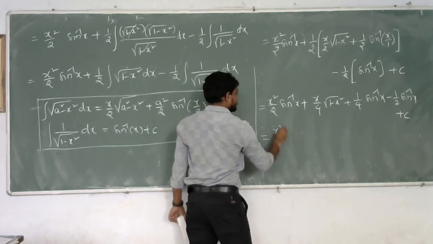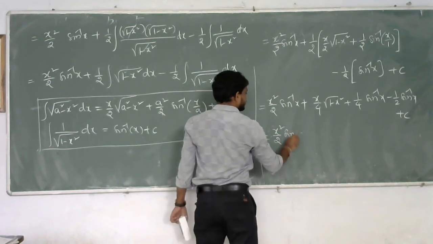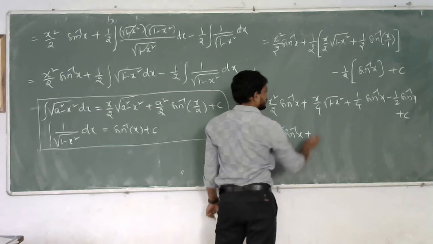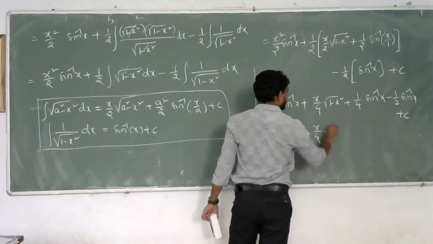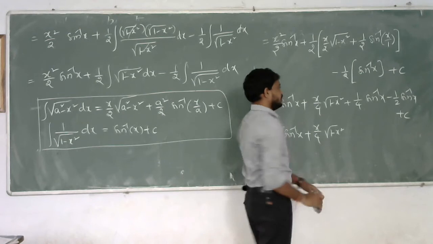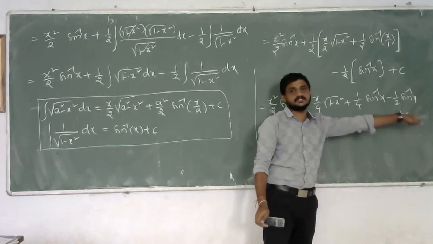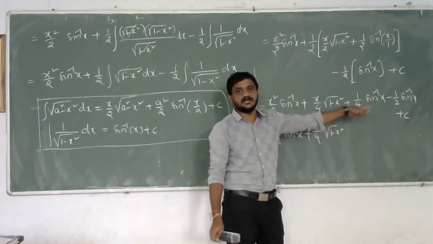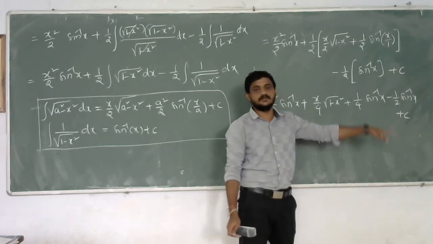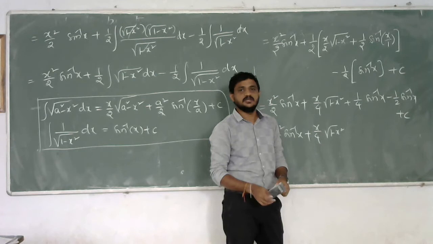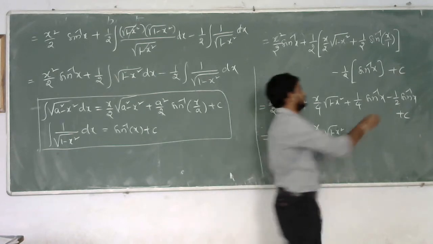Write this term as x square by 2 into sin inverse of x plus x by 4 into under root of 1 minus x square. Here we have 1 by 4 sin inverse of x minus 1 by 2 sin inverse of x. Take sin inverse of x common, then 1 by 4 minus 1 by 2. What is the LCM? 4 will be the LCM.